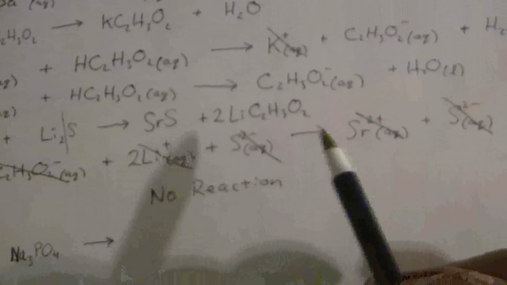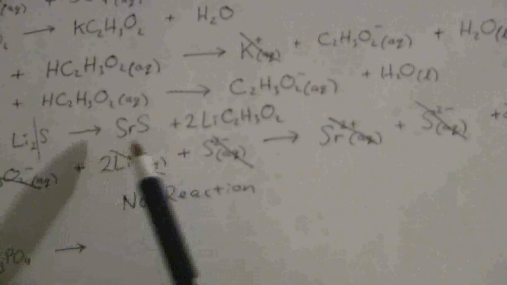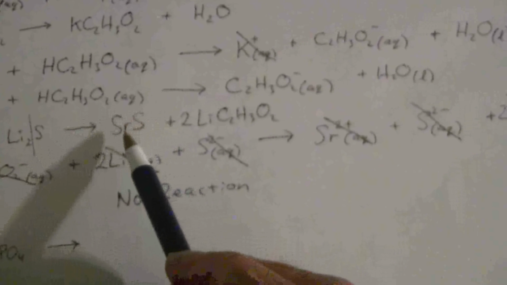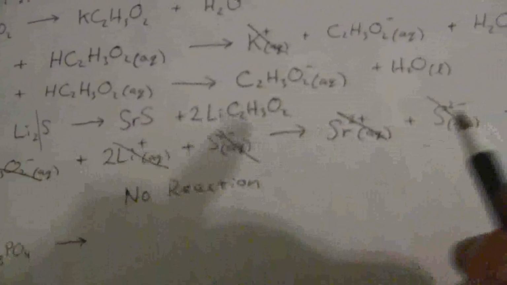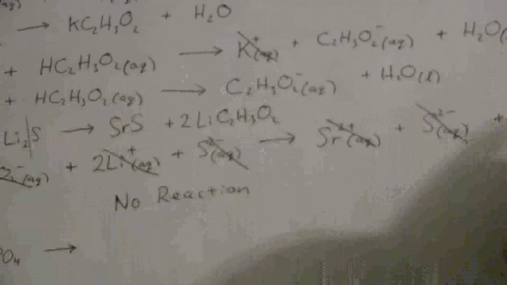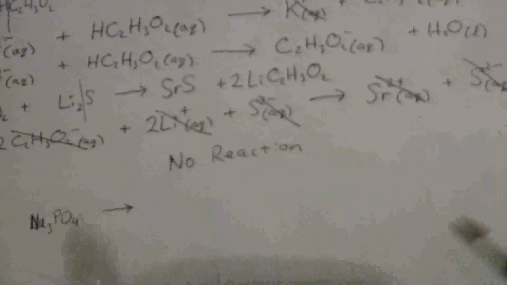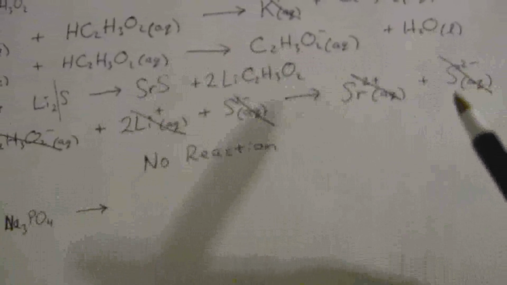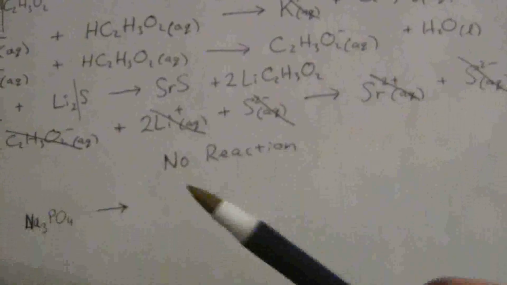Now, as I was mentioning, in the previous textbook that we were using before, the sulfide table didn't show strontium as an exception to the insoluble rule for sulfides, in which case we would have left that together and it would have showed a reaction. The reason for that is because really the strontium sulfide is soluble, but it's not extremely soluble.